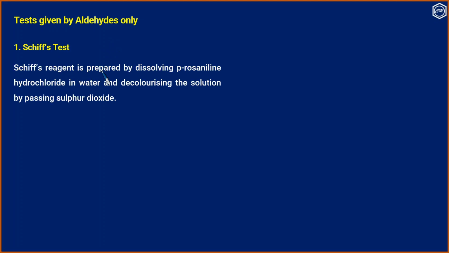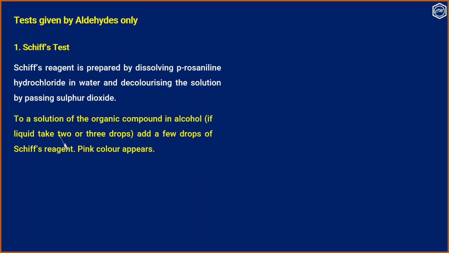The following tests are answered by aldehydes only. One is Schiff's test. Schiff's reagent is prepared by dissolving para-rosaniline hydrochloride in water and decolorizing the solution by passing sulfur dioxide. To a solution of the organic compound in alcohol, we add a few drops of Schiff's reagent. If the given compound is a liquid, we need only 2 or 3 drops of the given compound.